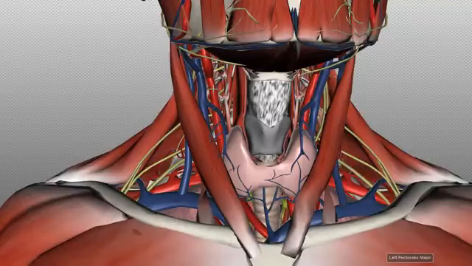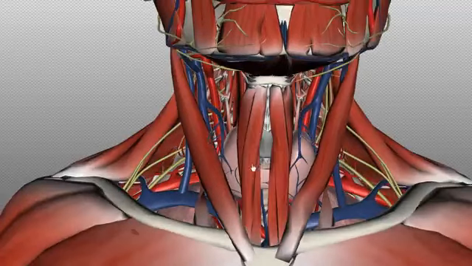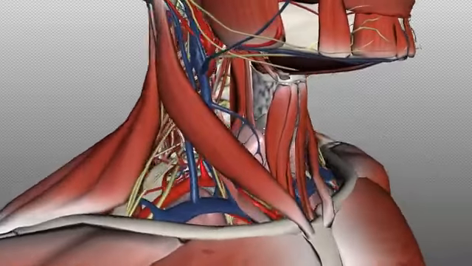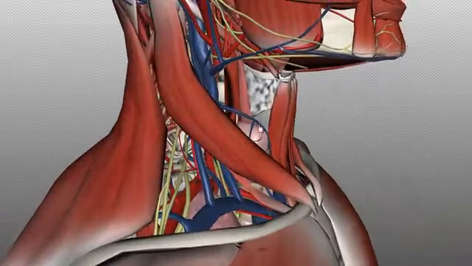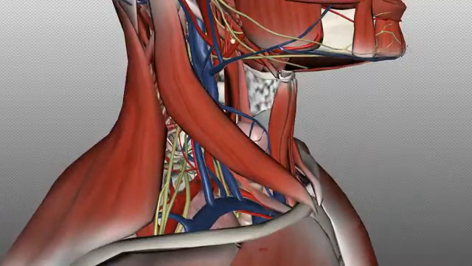So you've got the common carotid and its branches, the external and internal carotid, and you've got the internal jugular vein running through the anterior triangle, and then you've also got nerves. For instance, the vagus nerve and recurrent laryngeal nerves run through the anterior triangle. So that's the anterior triangle. Just to recap, it's formed by the anterior border of the sternocleidomastoid, the inferior margin of the mandible, and the midline of the neck.